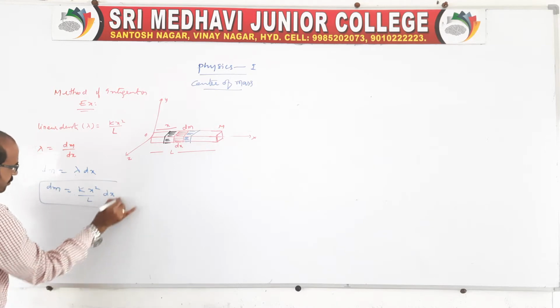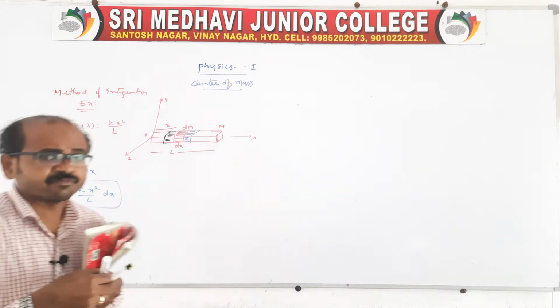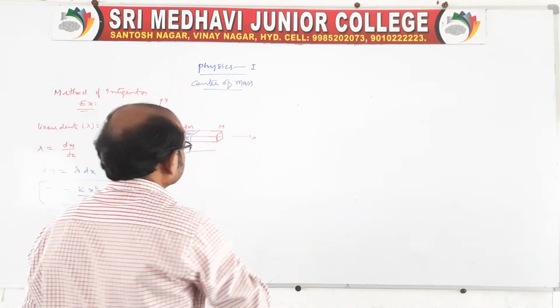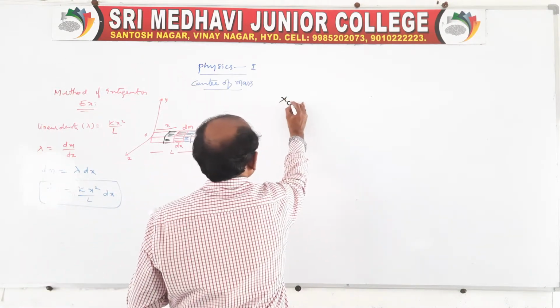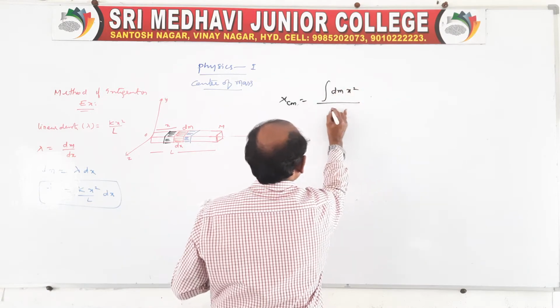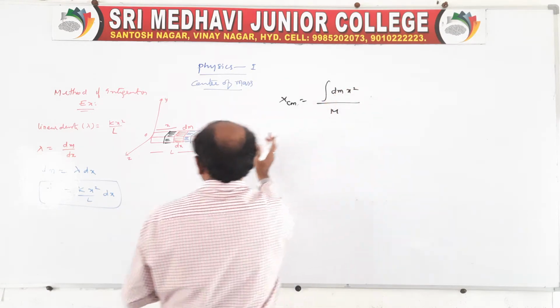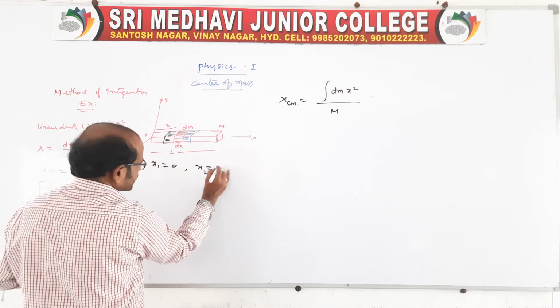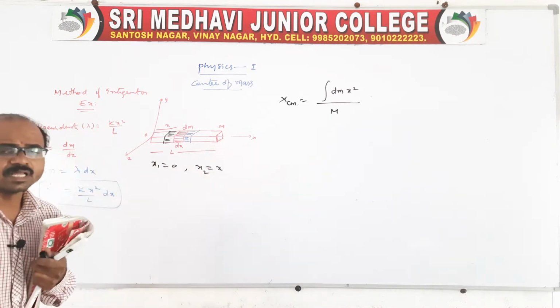This is the dm, but by the method of integration, where will the center of mass position be, that we have to find. The formula is xcm equal to integral of dm into x by total mass of the rod. The position goes from x1 equal to 0 to x2 equal to x, till the end of the rod.